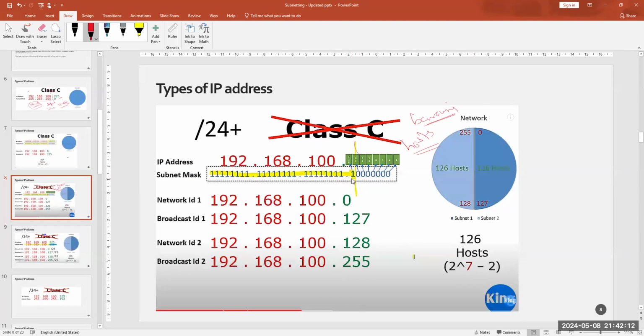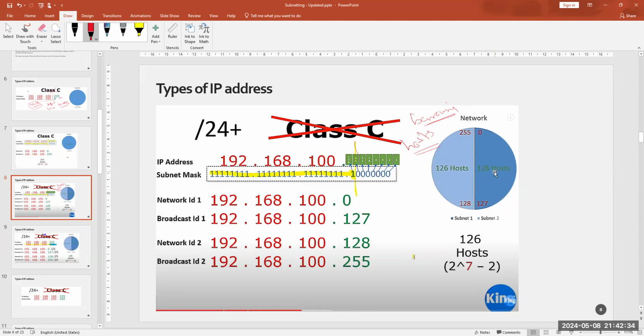Understand this, right? If that is the case, how many hosts can I create? 2 raised to 7. Why 7? 7 zeros are there. So 126 hosts can be created.